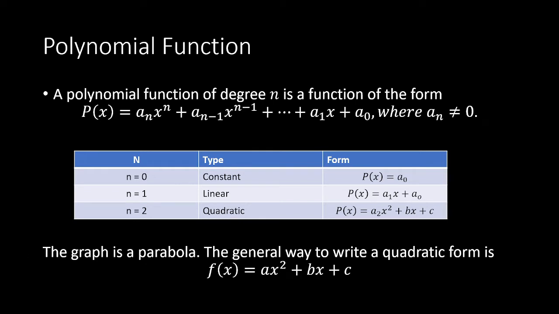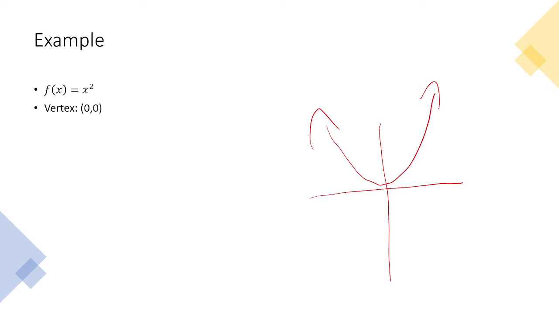So here's an example of the function x squared. This is my poor attempt at drawing a parabola. The parabola with form x squared has a vertex at (0, 0). That's where both sides of the ends meet.